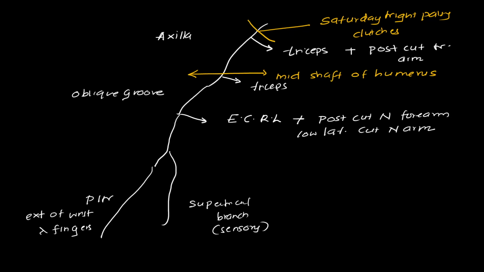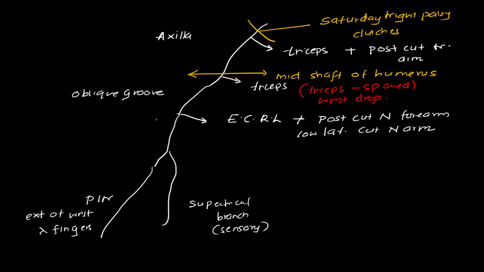So therefore, in this case, the triceps are spared, but there will be wrist drop. And also, apart from the posterior cutaneous nerve of the arm, all the other areas which are innervated by the radial nerve will have loss of sensory function.